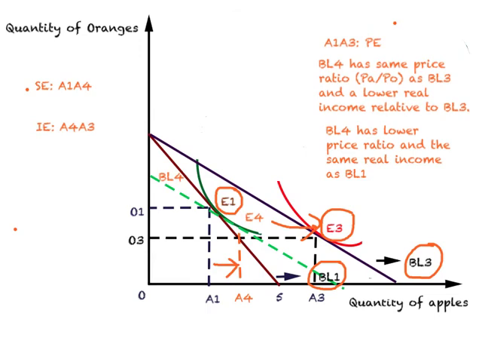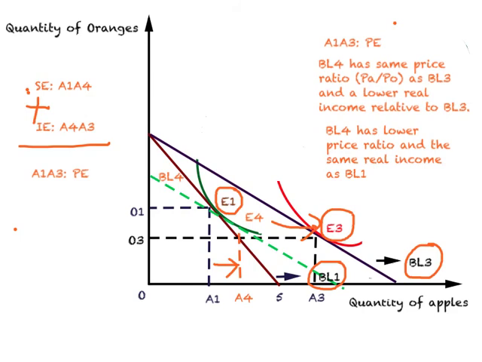Now suppose we decide to add up substitution and income effect, what will the distance be? It will be simply A1, A3, and that we already know is the price effect, PE.